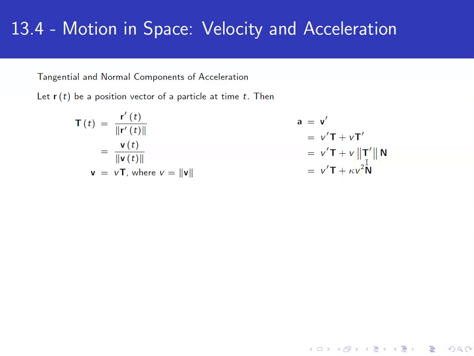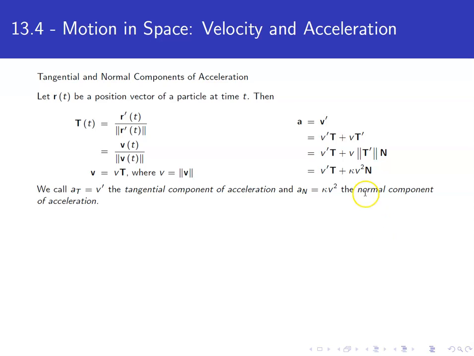Remember that one of the ways we can compute curvature is to take the magnitude of the derivative of the unit tangent vector divided by the magnitude of the derivative. Well, the magnitude of the derivative in this case is the magnitude of the velocity vector, which we're denoting with a little v. So we need to adjust with a v squared here to make sure that we have the right thing in the denominator for curvature. All right, so we've got curvature times v squared times N for this piece.